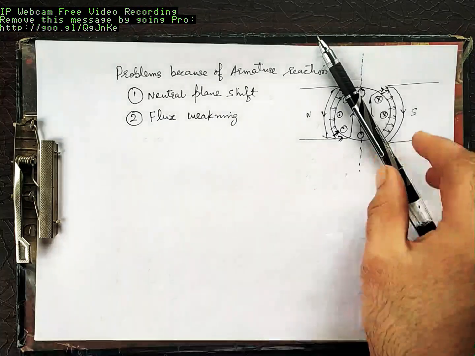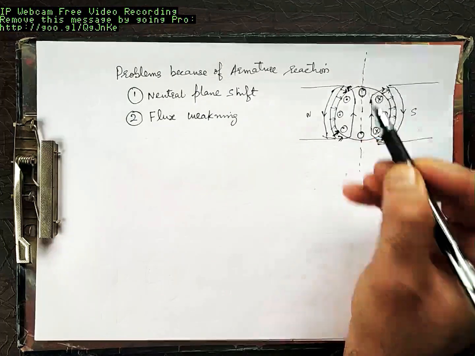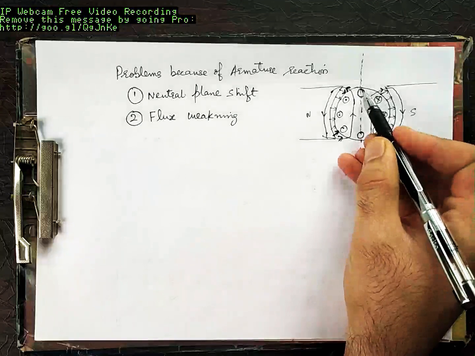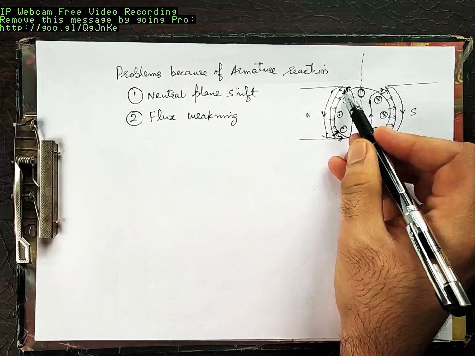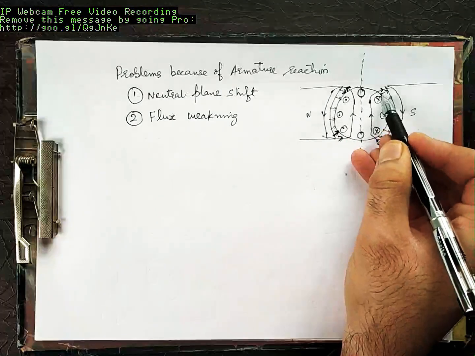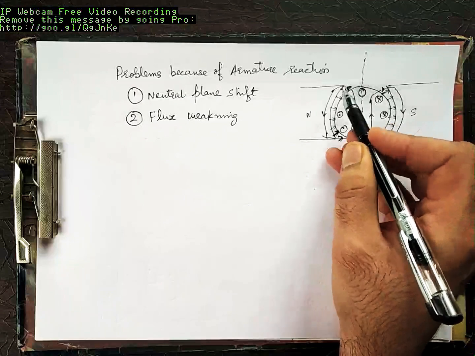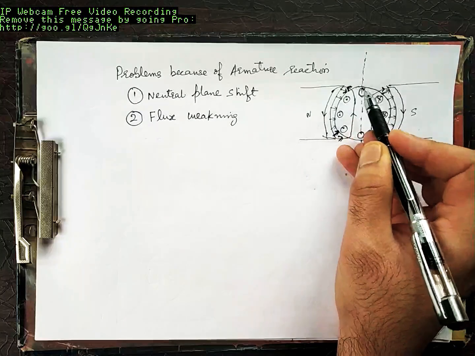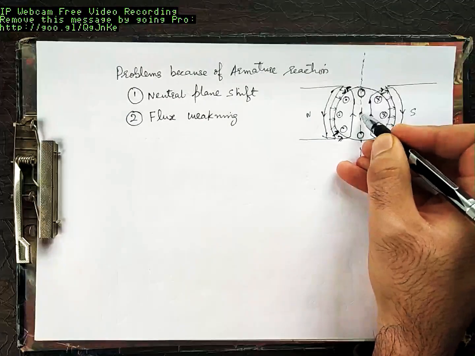Why? Because it won't be 0 now here. Why won't it be 0 over here? Because this magnetic flux is subtracting from this magnetic flux. Here the two magnetic fluxes are adding to each other. So it's stronger on this side, it's weaker on this side. So it's not 0 here, it's 0 somewhere here. So this neutral plane shifts.